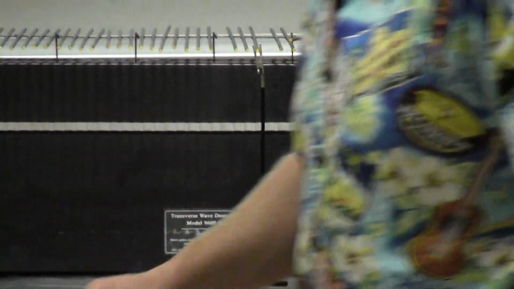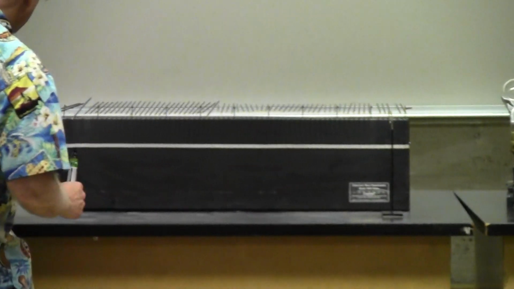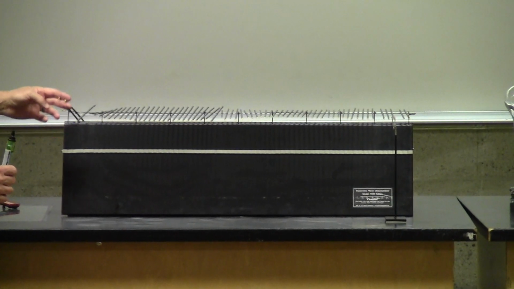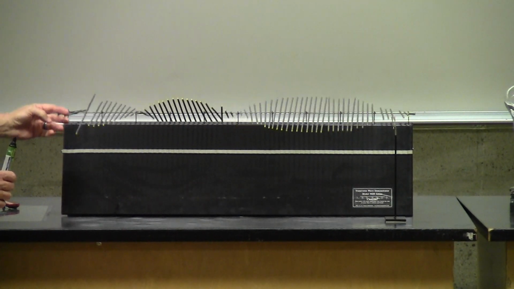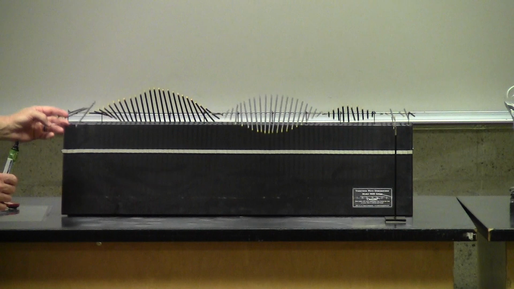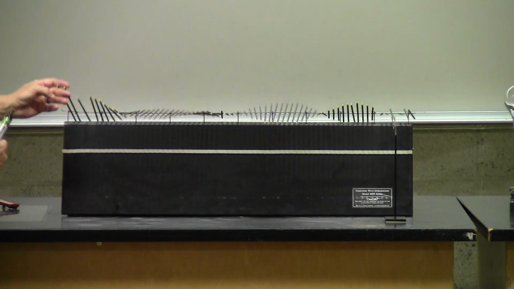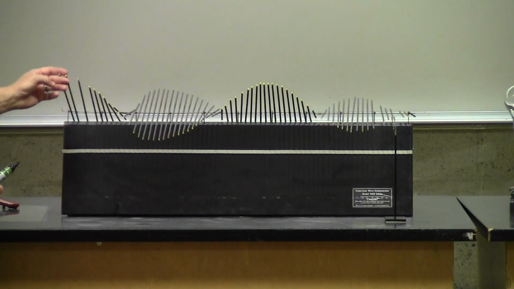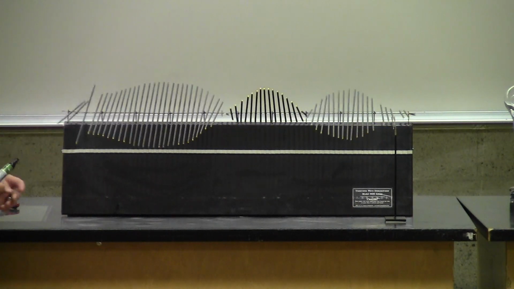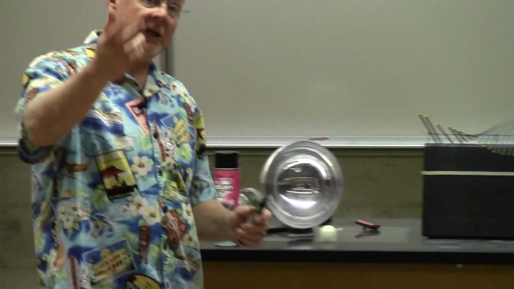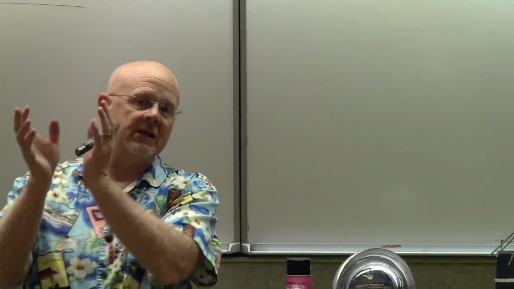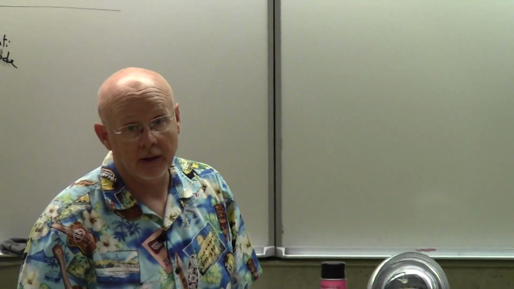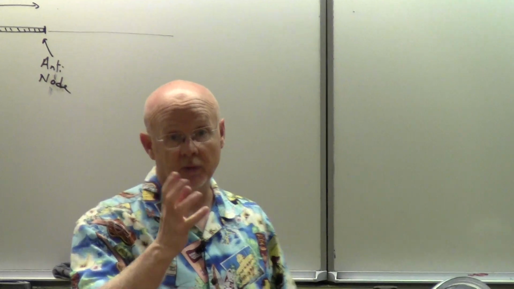So now that is a node. And then this other side can move. So this side over here is an antinode. So there's the question. What kind of patterns could you get where one side is a node and the other is an antinode? And that is why this one is a little harder.